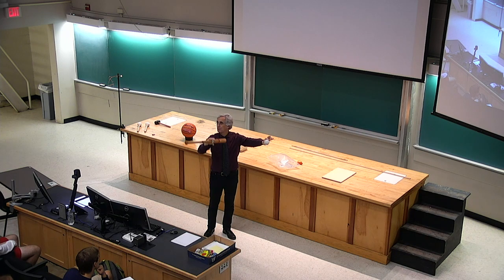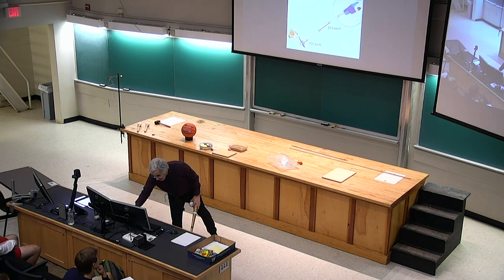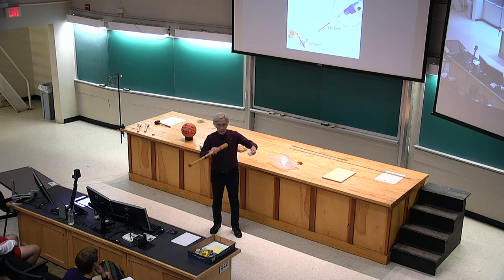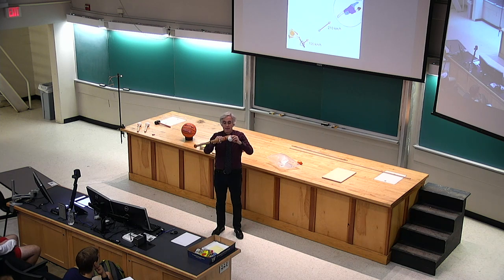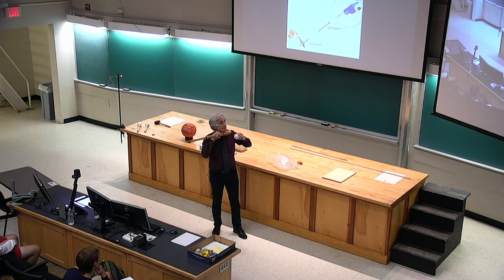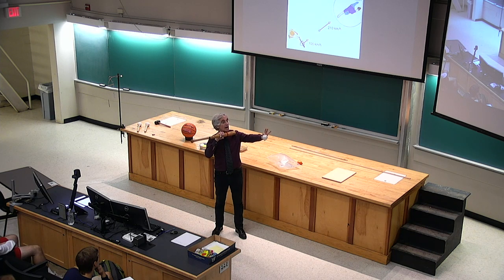Now let's go back to your perspective as fans sitting there in the crowd. From the bug's perspective, the ball is heading towards the outfield at 110 kilometers per hour.